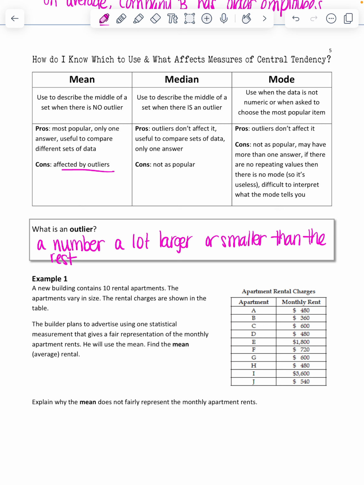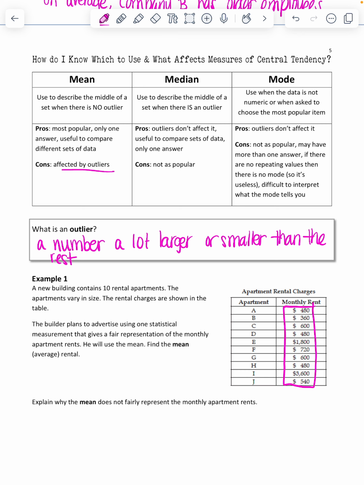So in this example, we've got apartment rental charges, and they want us to find the mean of the rentals. So if we're looking at all of the monthly rents, here they all are. We would add these all up, and they told us there's 10. We would divide by 10.